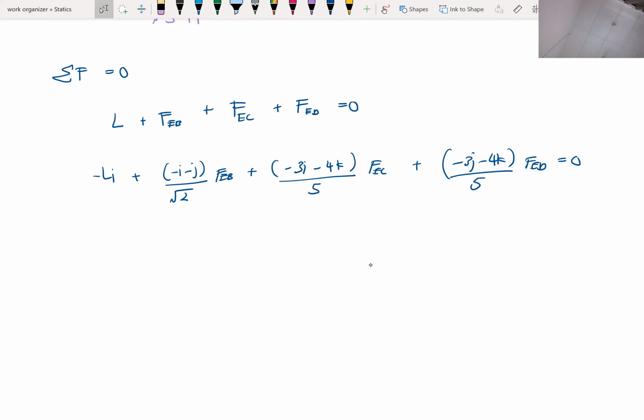So now we do for i first. For i, we have negative Li minus i over 2 FEB minus 3i over 5 FEC equal to 0.